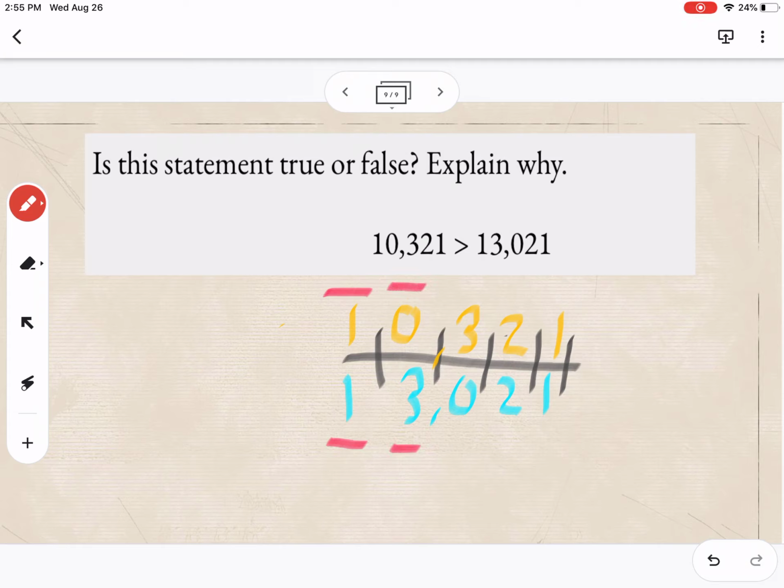Well, our thousands place digits are not the same. 3 is greater than 0. So in fact, 13,021 is greater than 10,321. This statement is false because the 3 in the thousands place is greater than the 0 in the thousands place.